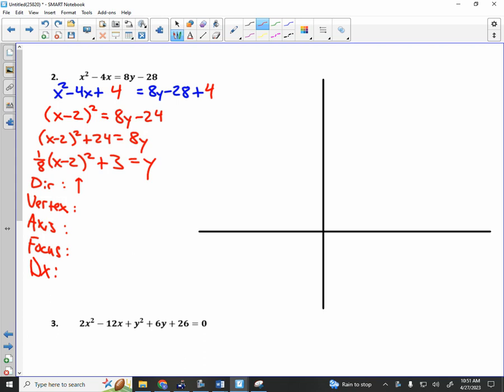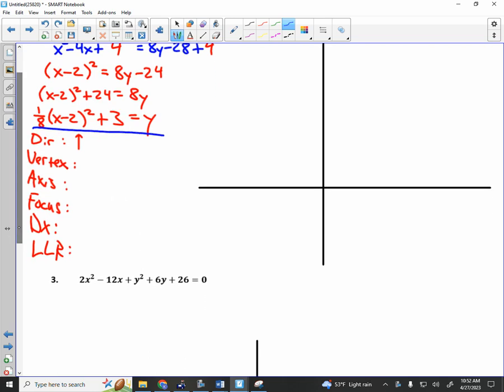The directrix and the length of the latus rectum. All right, vertex. Two, three.